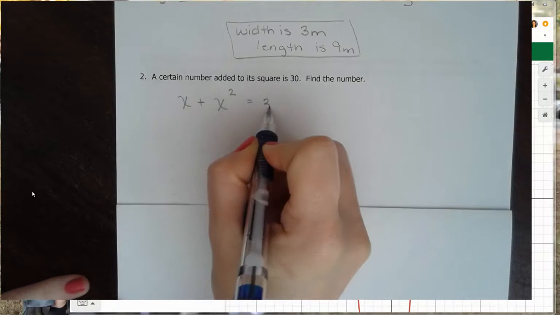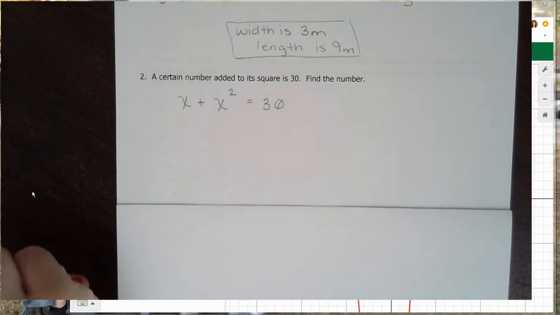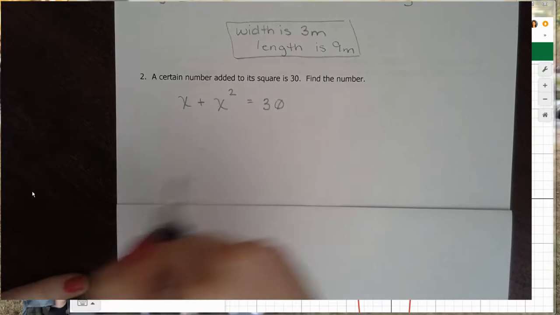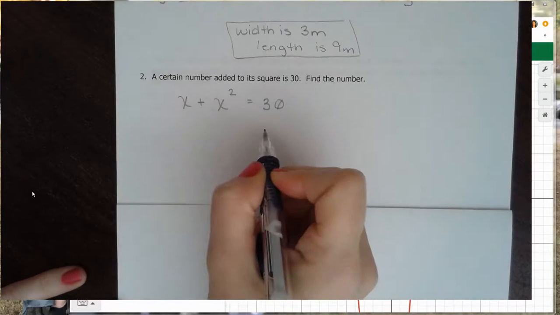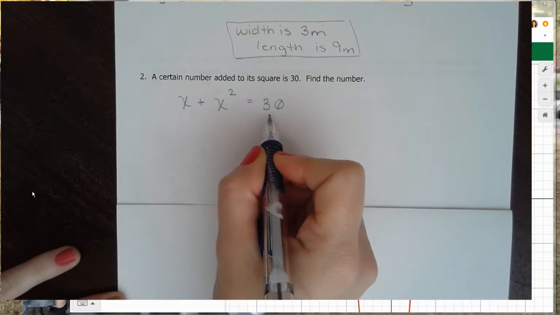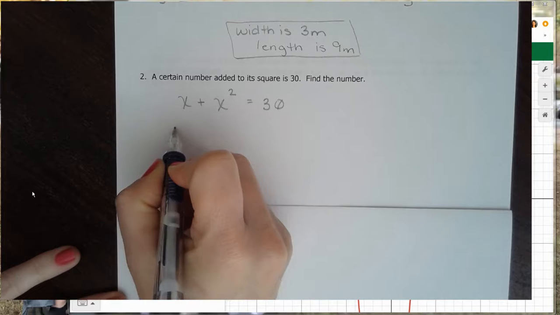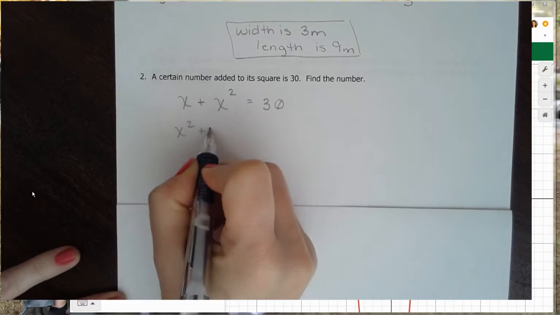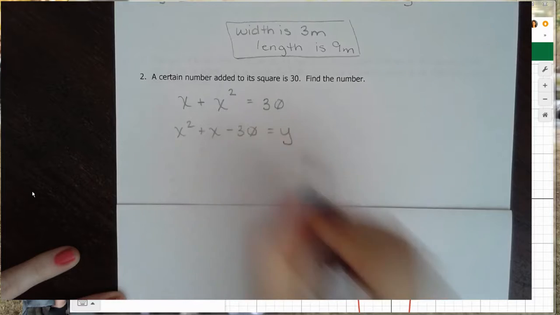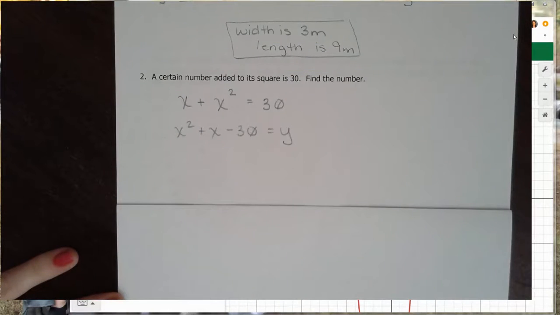That turns out to be 30. Now, this is one that I could use the box method of factoring and find my solutions that way. Or, since we are in the second part of this unit and we do have access to Desmos, I can subtract 30. So I'm going to have x squared plus x minus 30, and that's going to be my equation that I put into Desmos.